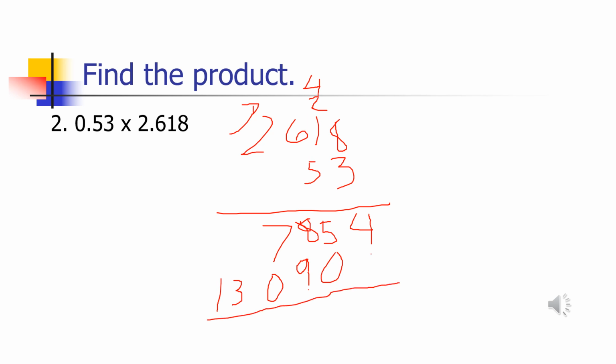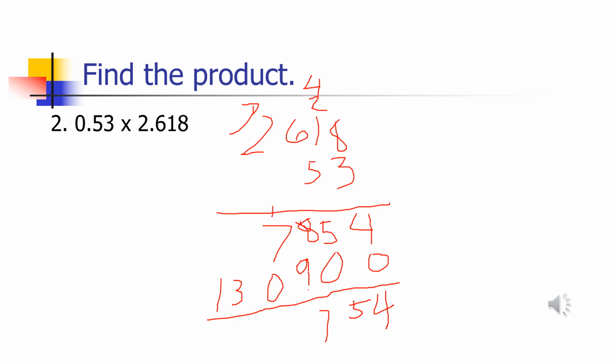We need to put 0 here, since the upper one is still just the initial product. So 9 plus 8 is 17.